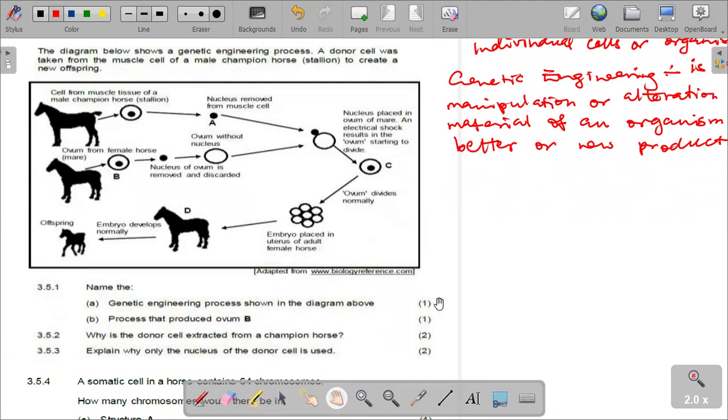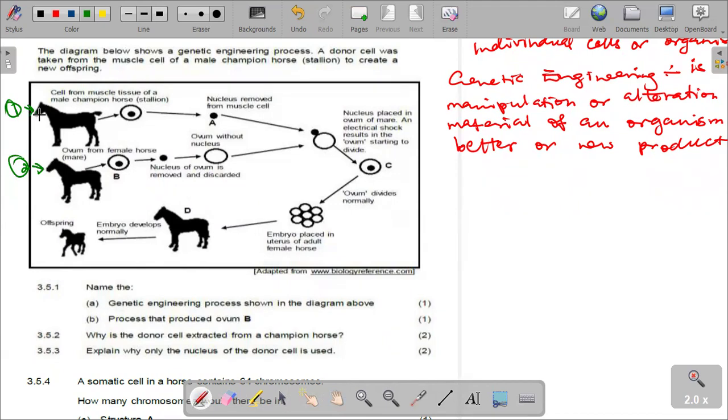As you can see here, I'm going to use a green pen just for the explanation of our diagram. I can say this horse is horse 1, and then we have also horse 2, the one on top there.